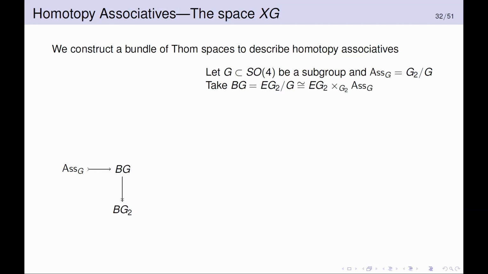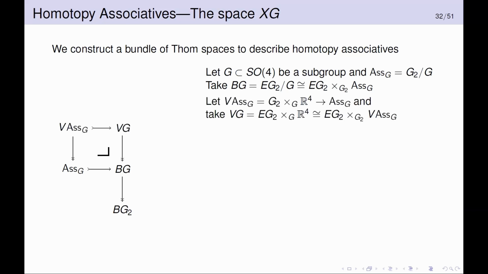So that's the bundle of associative 3-planes in R7. And the extra G means with a fixed G structure on the complement. The complement is this four-dimensional. So this is this part of the picture here.